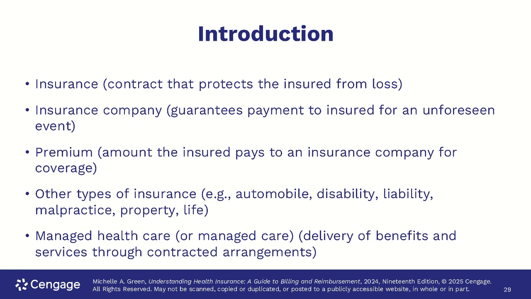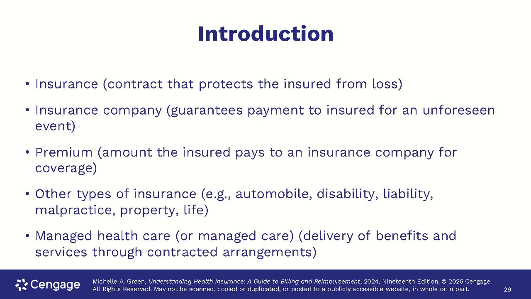For insurance plans, in order to get the plan started, you have to pay a premium. And that premium is typically paid monthly. So if you think about car insurance, it's paid monthly. And outside of health insurance, there's all types of insurance. I talked about car insurance, but there are so many more types of insurance.